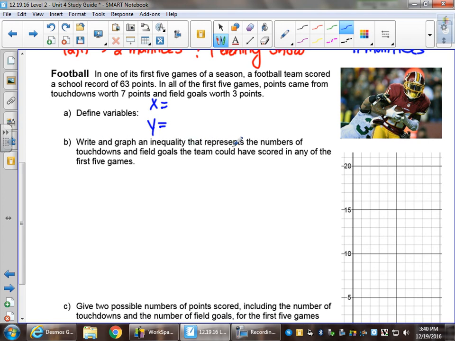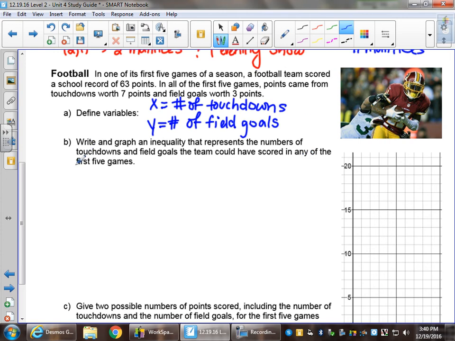Write and graph an inequality that represents the numbers of touchdowns and field goals. So x equals number of touchdowns. Y will be number of field goals. The team could have scored in any of the first 5 games.